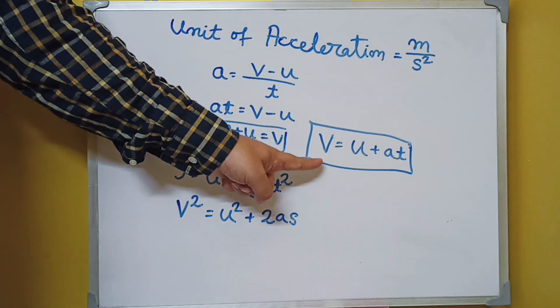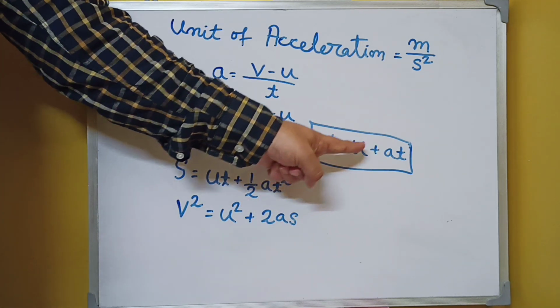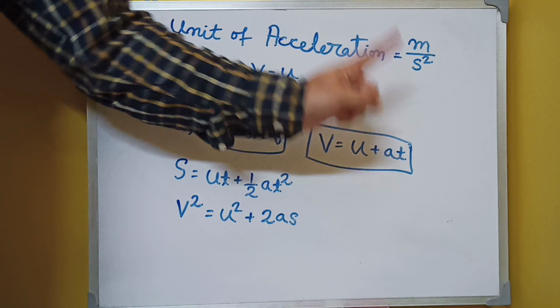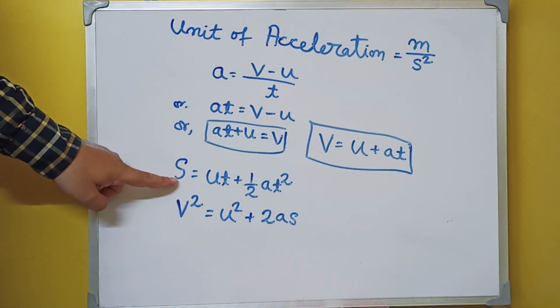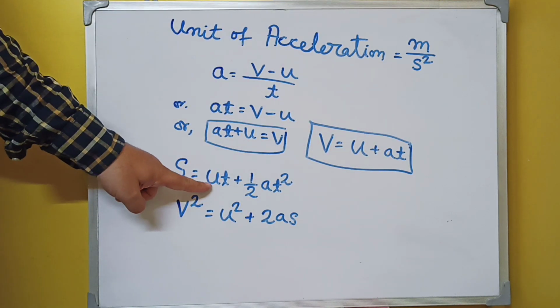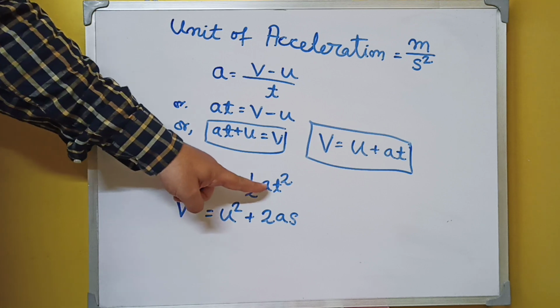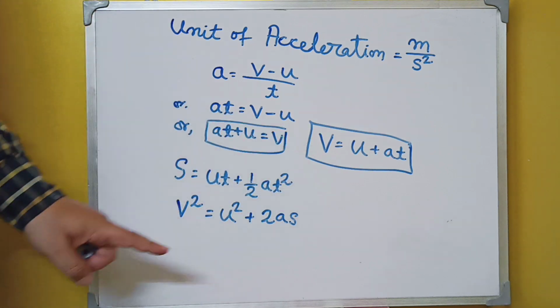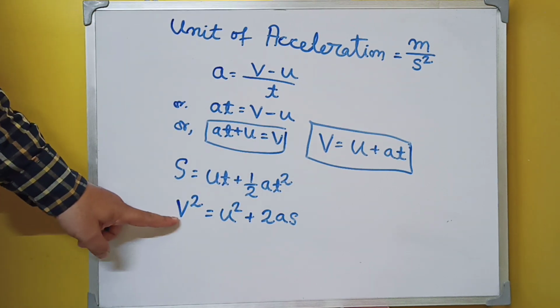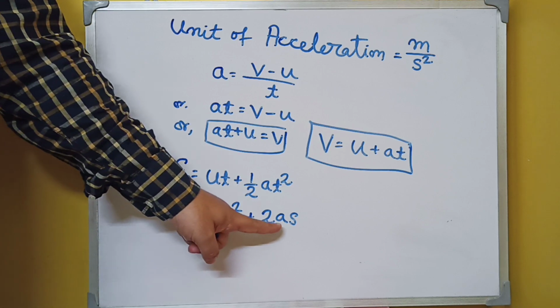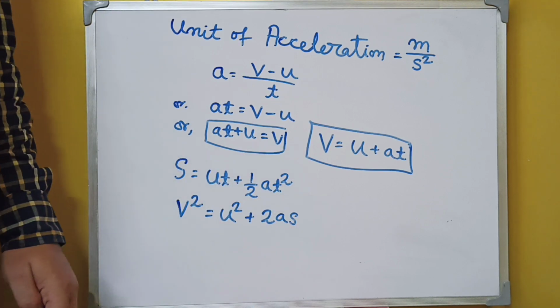Here v is the final velocity, u is the initial velocity, a is the acceleration, t is the time, and s is the distance.